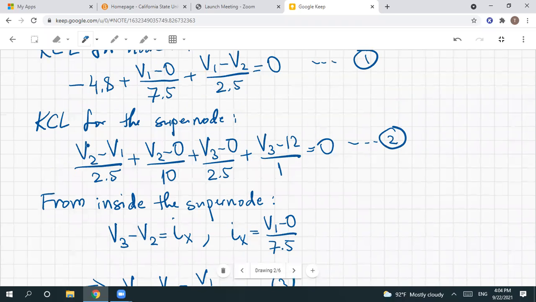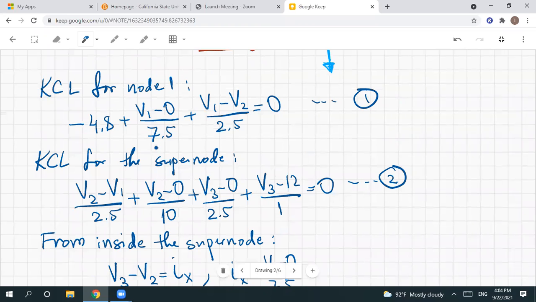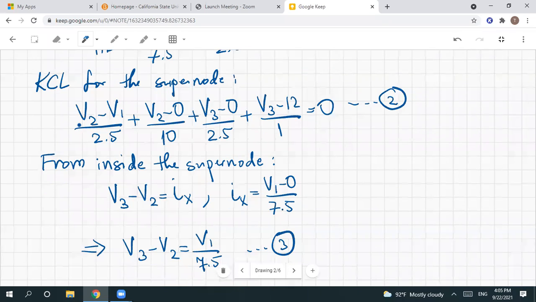Now, let's arrange the formulas. So here what I will do, I will add 1 over 7.5 plus 1 over 2.5. This will be the coefficients of V1. The coefficient of V2 will be negative 1 over 2.5. This current source, negative 4.8, I will take it to the other side of the equation, so it will be positive.